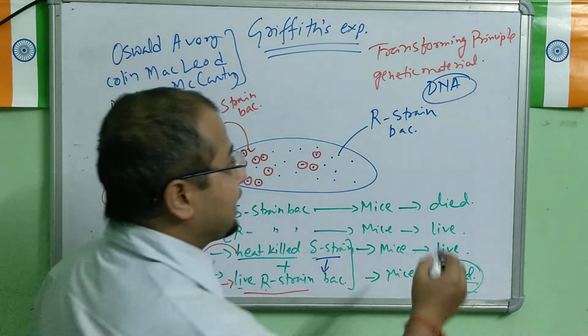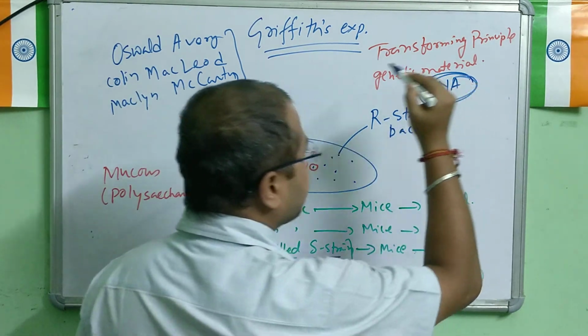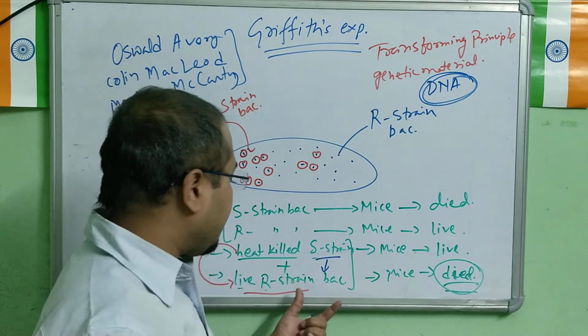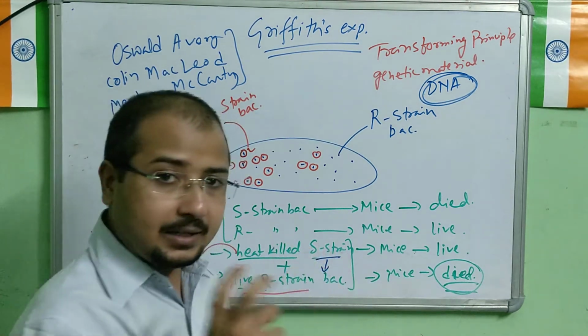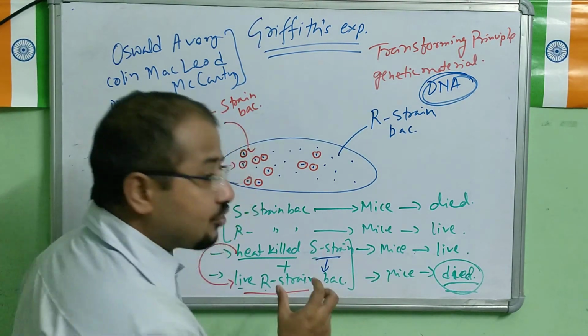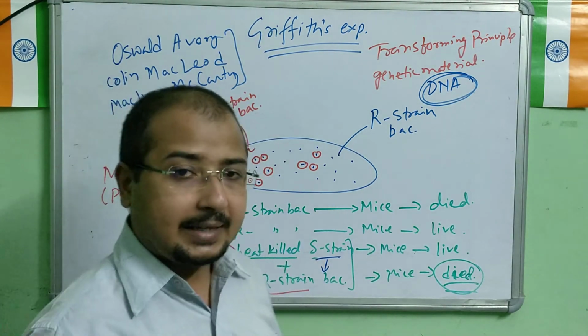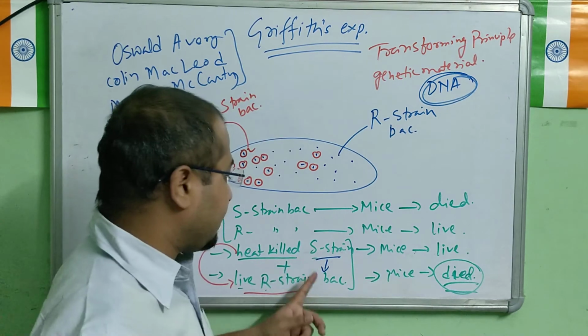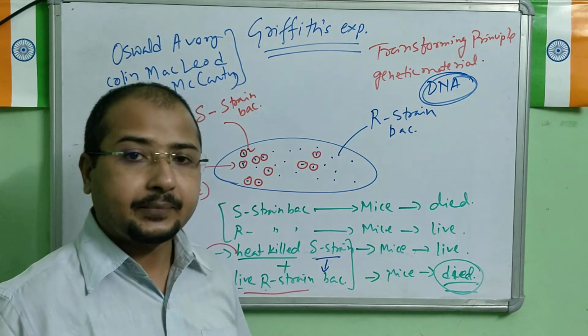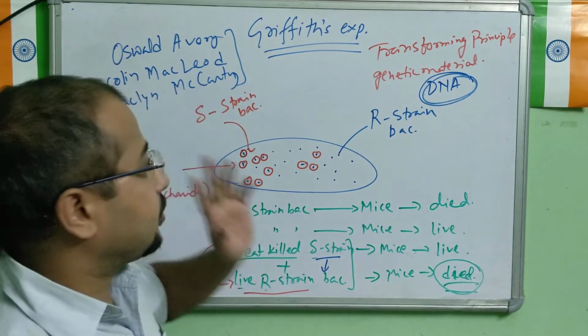They found the DNA of the S strain bacteria in the R strain bacteria, and that is why they said it is DNA which has actually transferred from S strain to R strain bacteria.